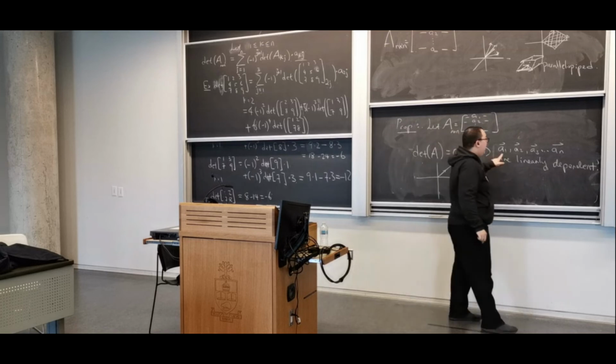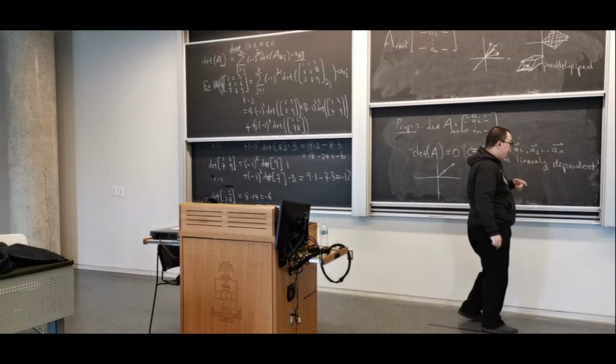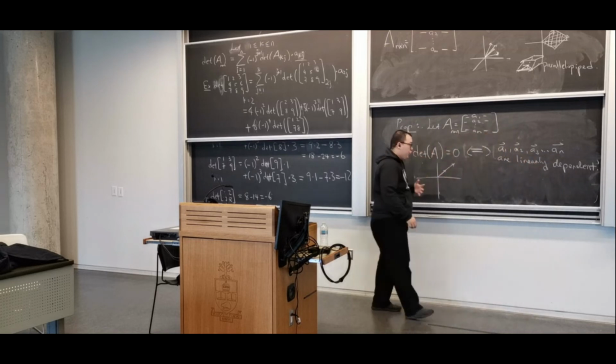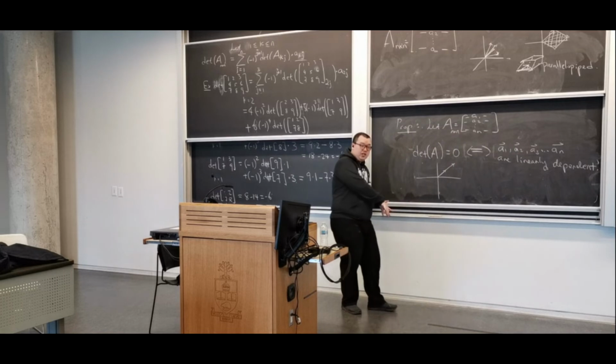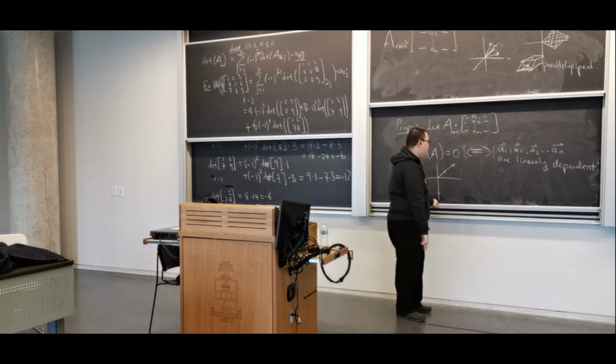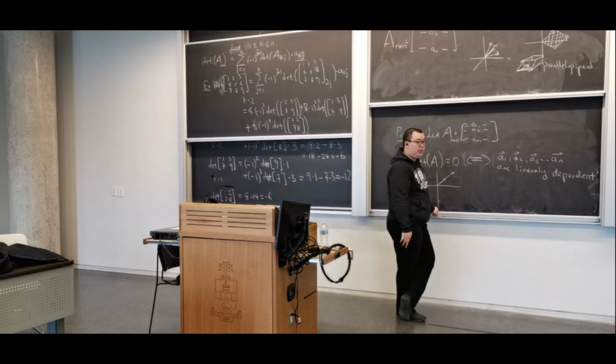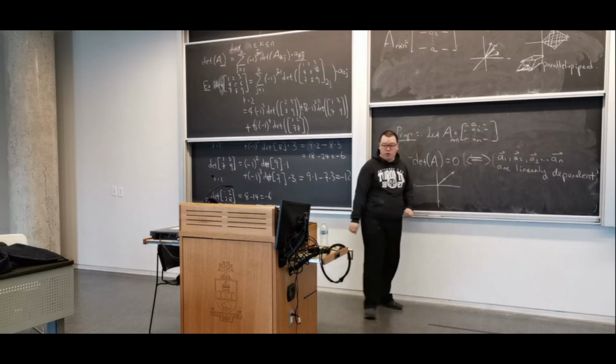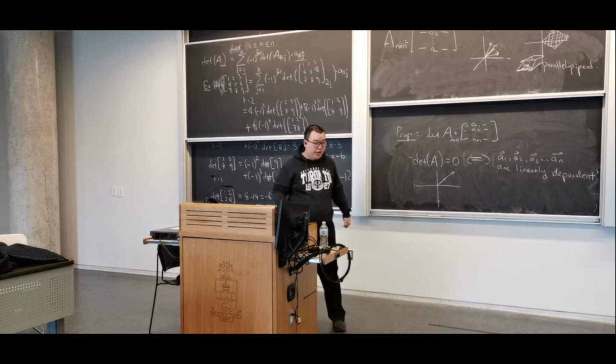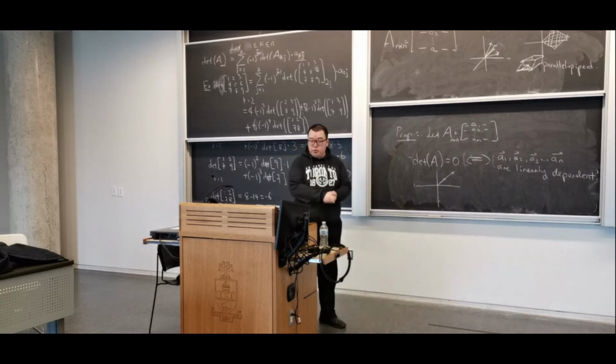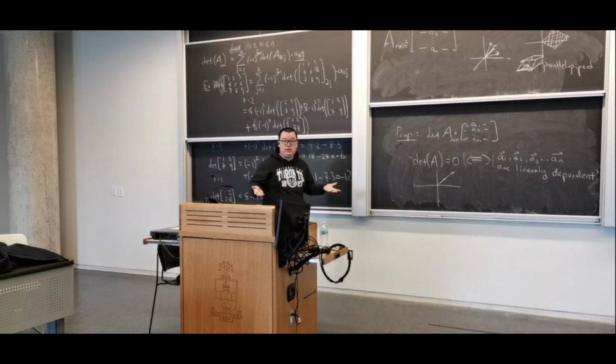All of these n vectors, if they're linearly dependent, that means they will generate an object that is not dimension n. And any object in the nth dimension that is not of dimension n does not have a volume, because it is the same as in R3 when we have a flat piece of paper. It is an R2 object, and it does not have any volume.